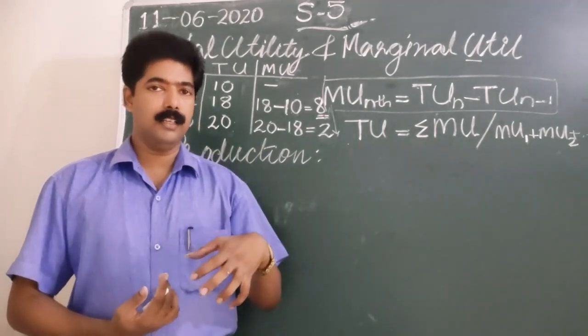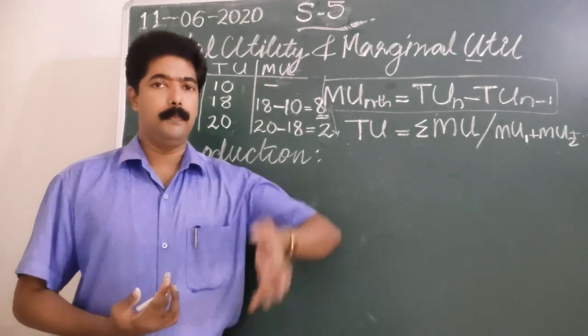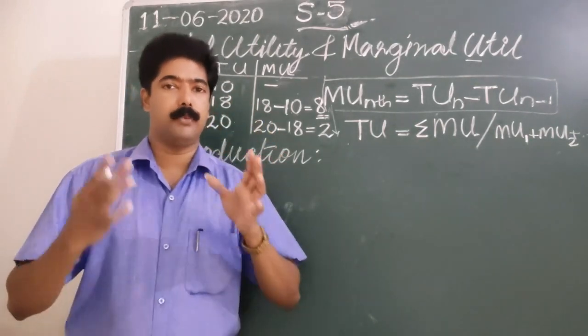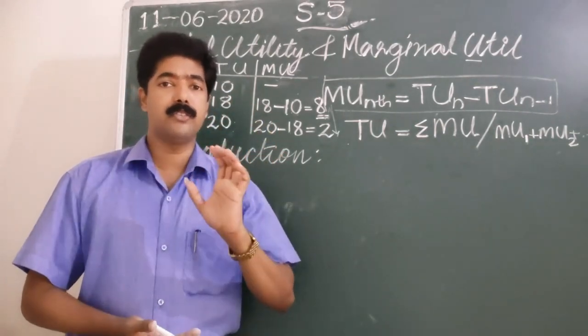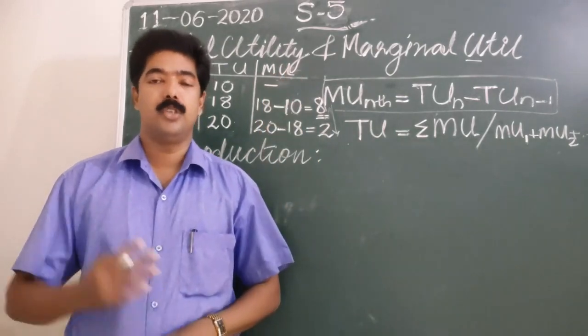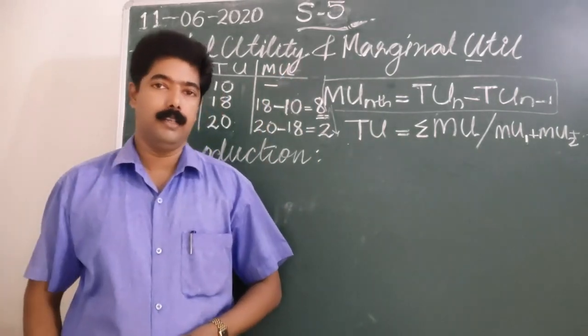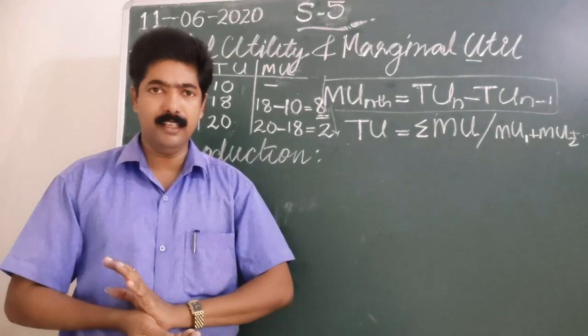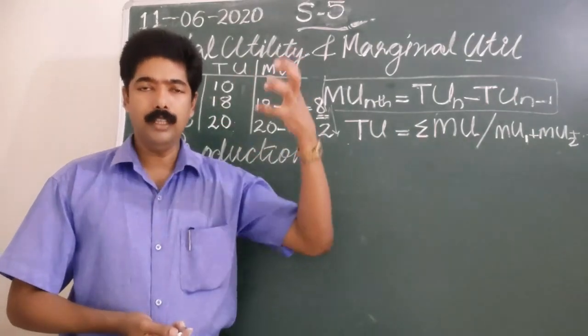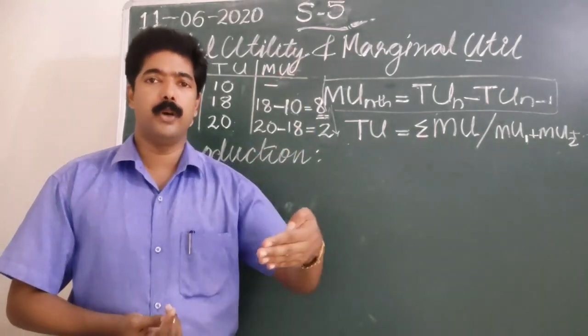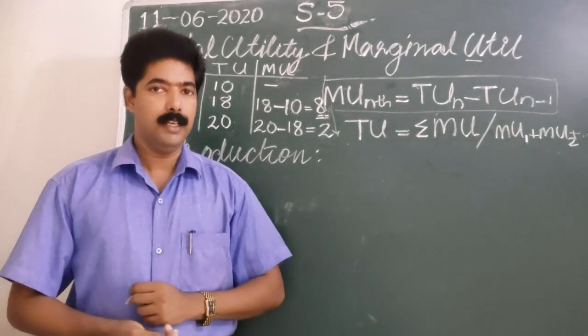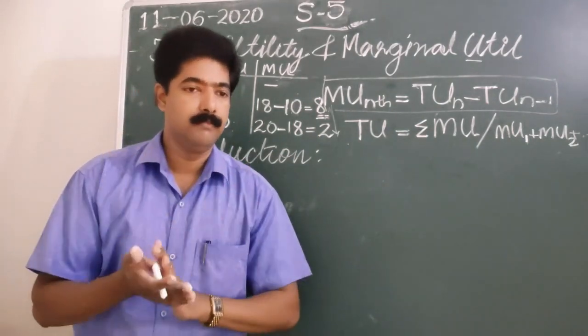An entrepreneur, an individual, a particular firm, they are producers who use all those factors to produce one particular commodity. So a producer is a person who uses all the factors of production to produce one commodity. Clear? Then what is production?